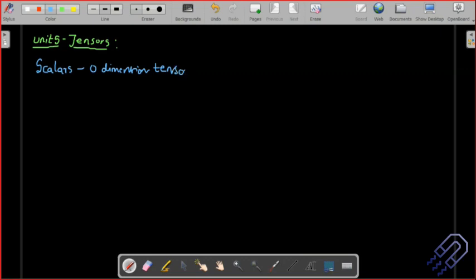Then we talk about vectors, which are 1-dimension tensors. So these are actually called vectors. If you have a 2-dimensional representation or a 3-dimensional representation, these are something which we usually call tensors.